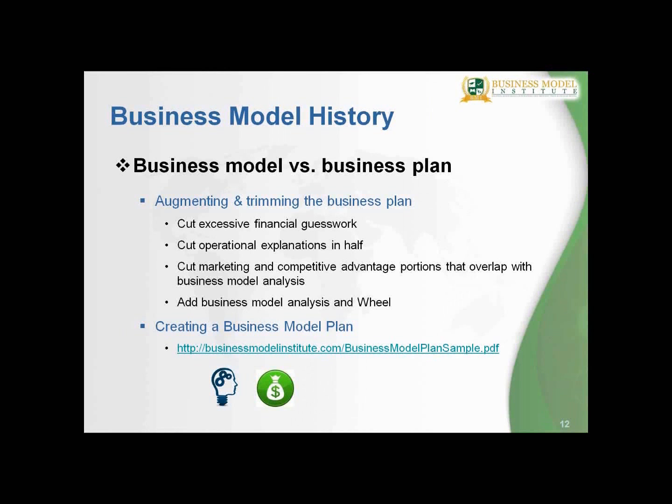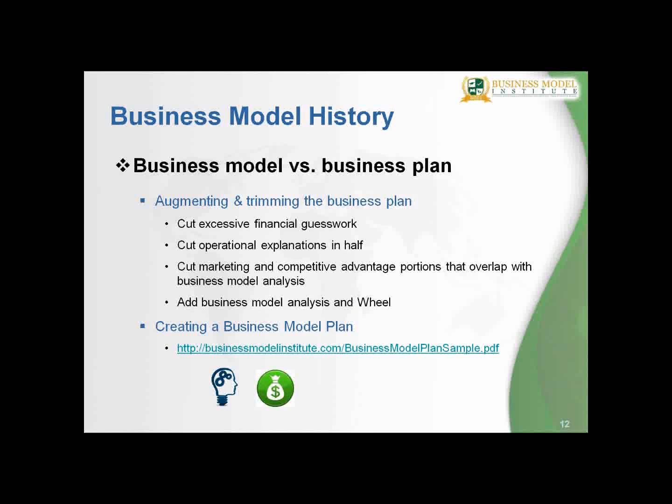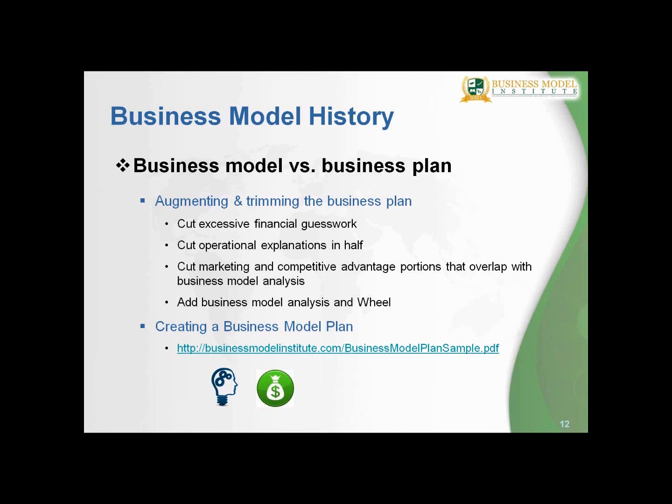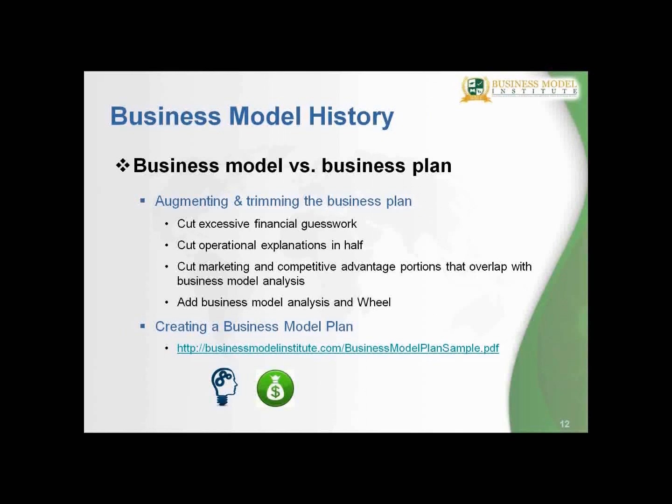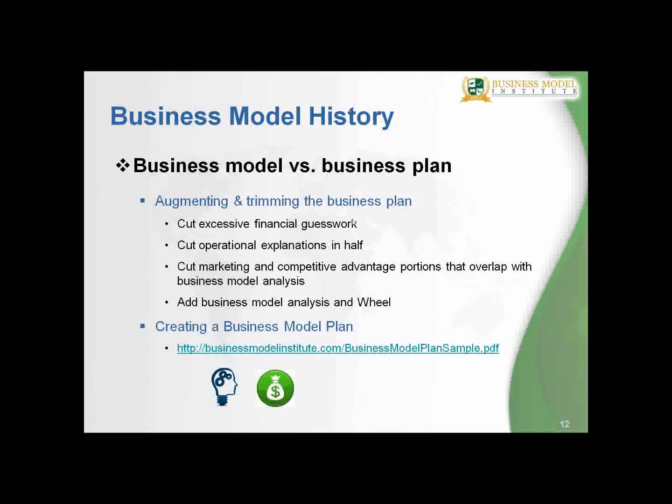Number one, there's way too much financial justification of sales that may or may not happen, and way too little talking about how the sales are going to happen and proving that we're going to be able to get the sales that we do. And in correlation with that, there's also a lot of operational justification. Here's how we're going to make the widgets, and here's how the widgets are going to be extra awesome once we make them, and they just gloss over the part of how are we going to get anybody to buy this stuff.